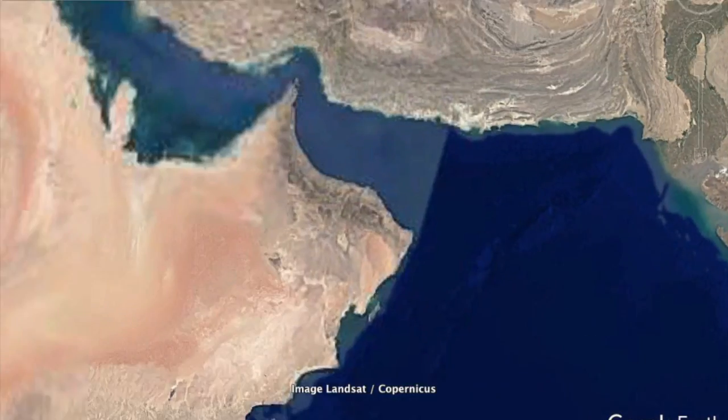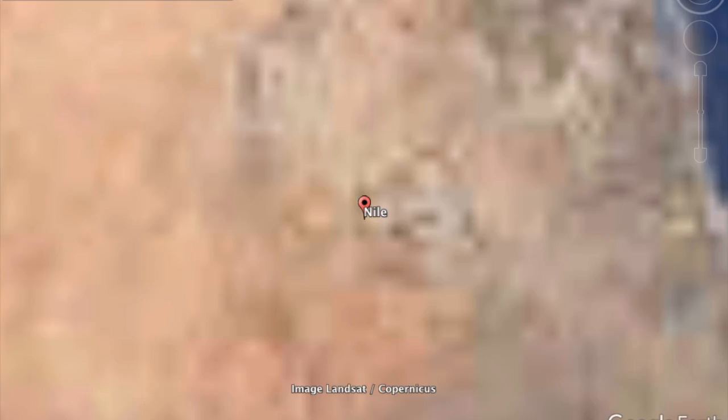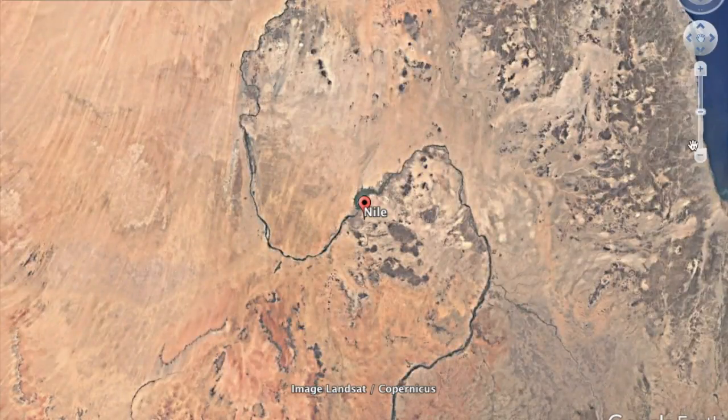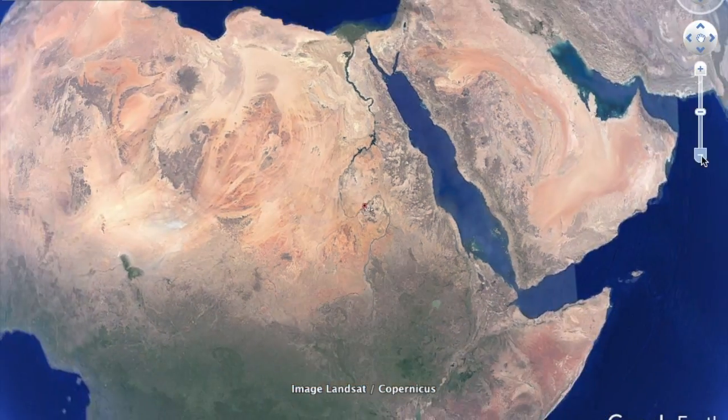Now we are going to look at a floodplain. And where we are to look at this floodplain is, you probably recognize this as Africa and Saudi Arabia, and we're actually going to look at the Nile River. Now, I want to give you a definition of a floodplain.